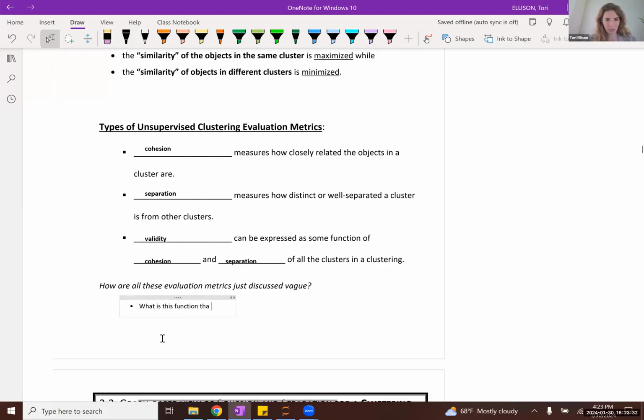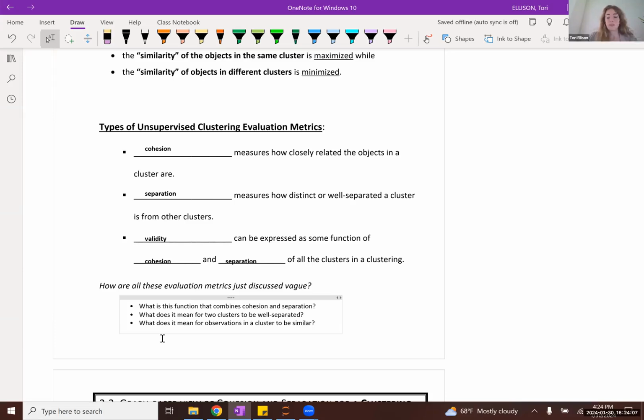What is this function that combines cohesion and separation? It's one thing that we can ask. Anything else? Yeah, exactly. What does it mean for two clusters to be well separated? Yeah. We might also ask the question, I'm seeing this in a direct message. What does it mean for clusters or observations in a cluster to be considered similar?